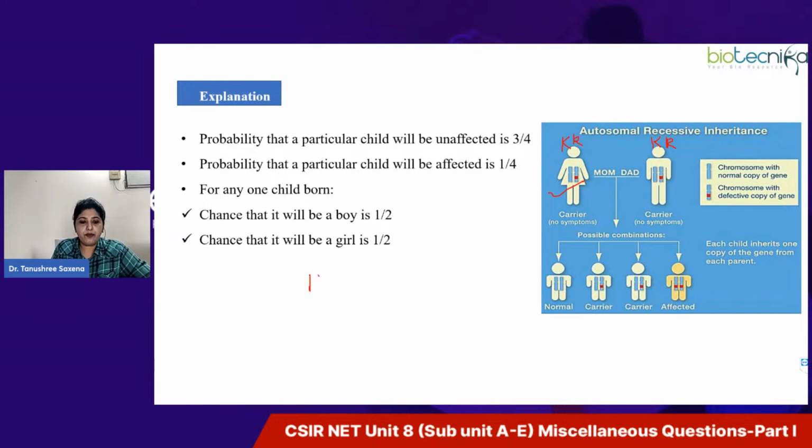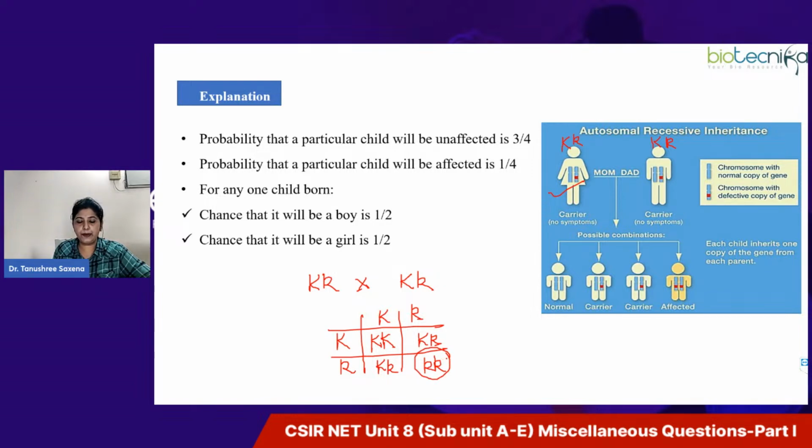If I perform this kind of cross, I'm sure you know how to determine the genotype in the progeny: the child will be homozygous dominant, heterozygous, or homozygous recessive. And only in homozygous recessive will phenylketonuria, the disease, show, right?